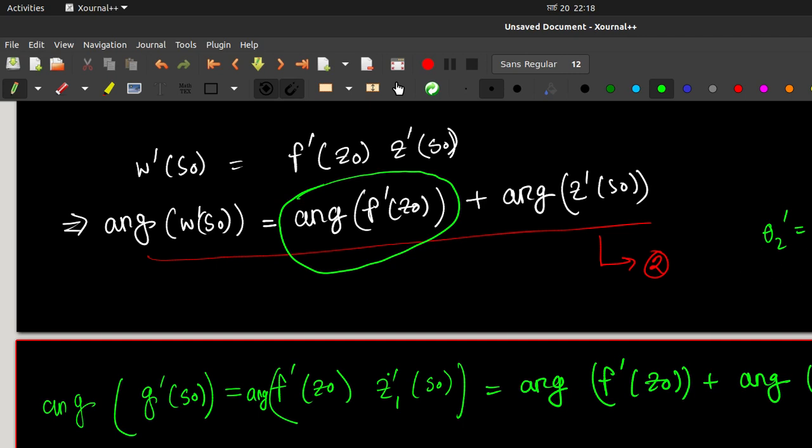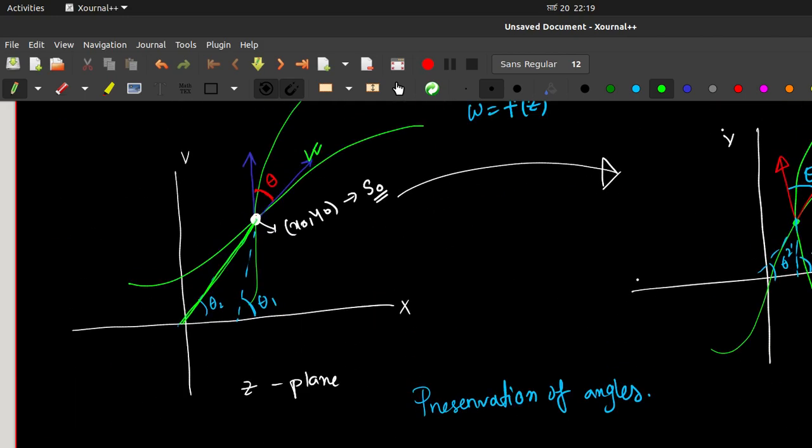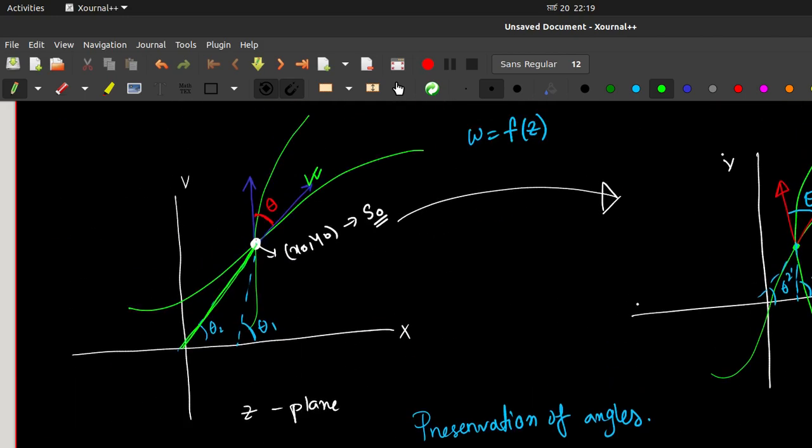If you write this in terms of theta, theta 2 prime was this, and theta 1 prime, sorry, this should be theta 2, and theta 1 prime would be given by theta 1 plus the argument of the same quantity. You can easily see from here that theta 1 prime minus theta 2 prime is equal to theta 1 minus theta 2. That means the angle between them is conserved.